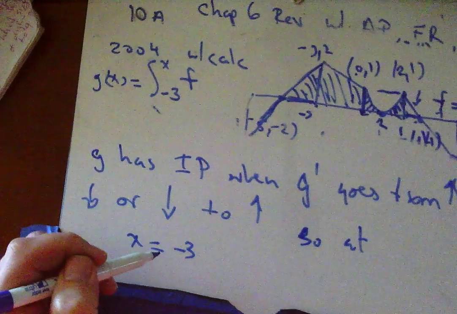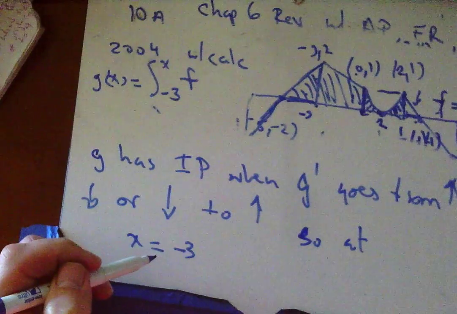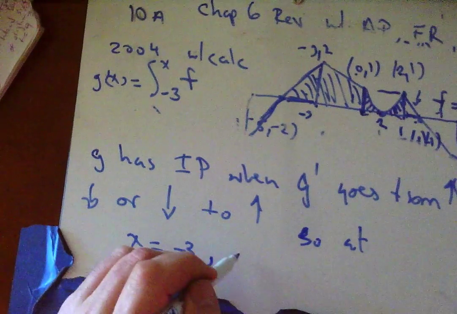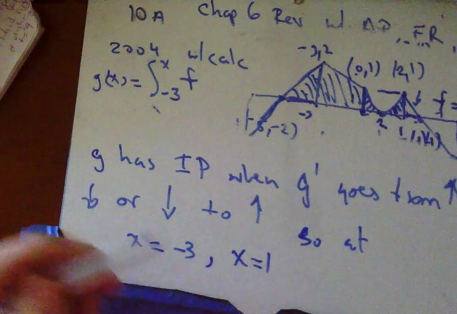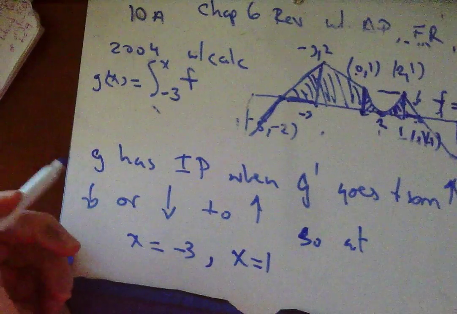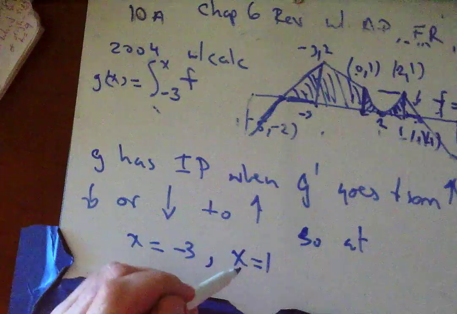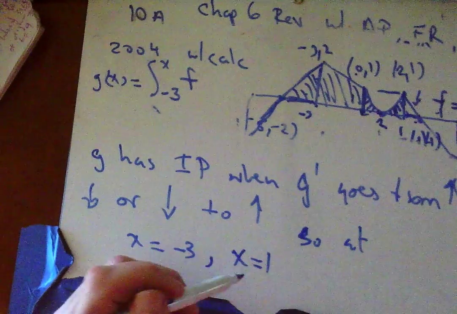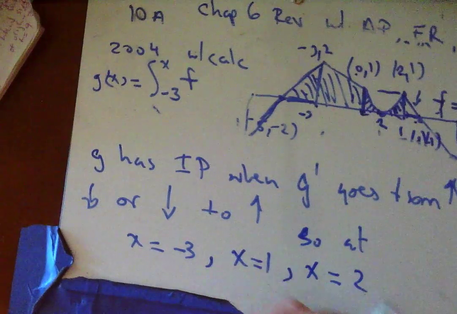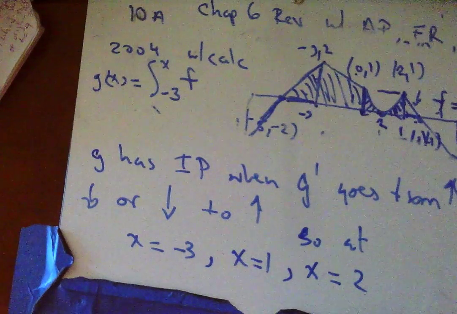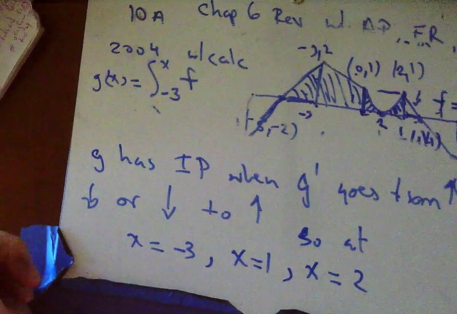At 0, g prime is going from decreasing to decreasing. Many students leave this one out. x equals 1. They see that it's an x-intercept, but they don't see that g prime is decreasing to the left of that point and then increasing to the right. And then at x equals 2 as well. g prime goes from increasing to decreasing there.